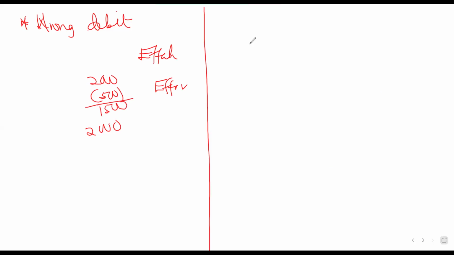But since the bank has already subtracted this figure, you also assume that you have subtracted this particular figure. The assumption is that if the bank has subtracted the 500, you should also be subtracting the 500 from your balance and have 1,500. So the wrong debit will always be subtracted from our adjusted cash book balance. Why?